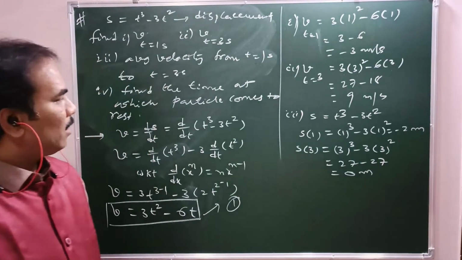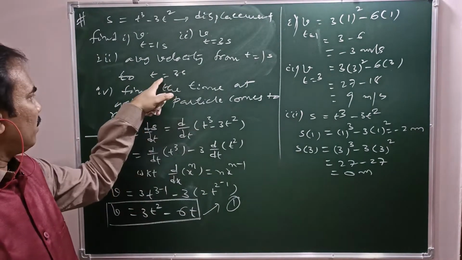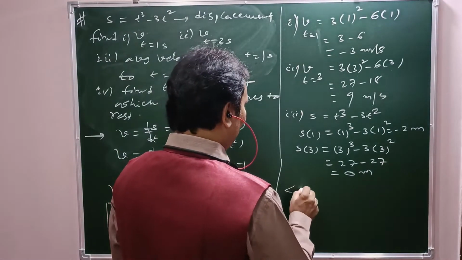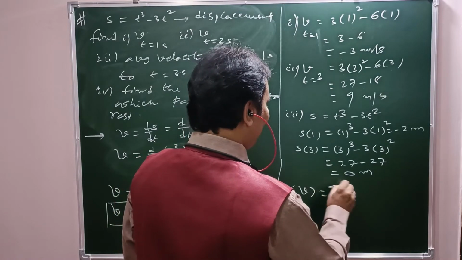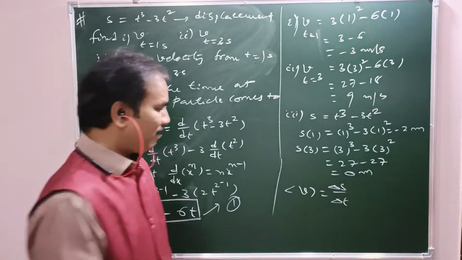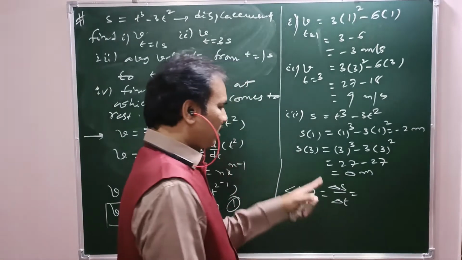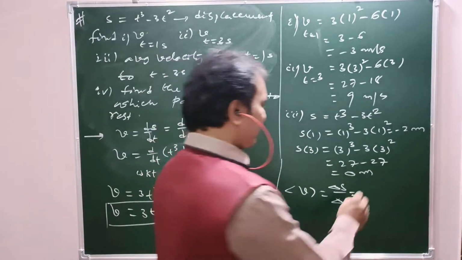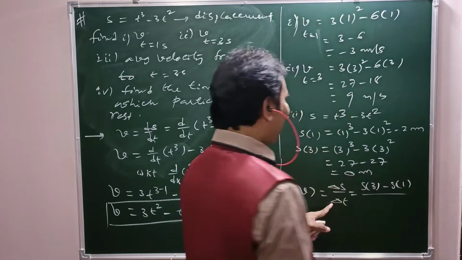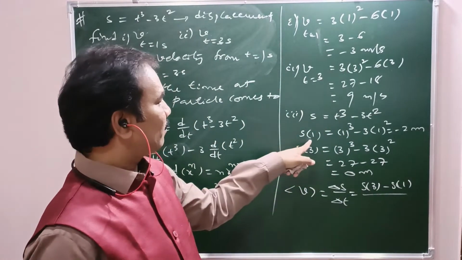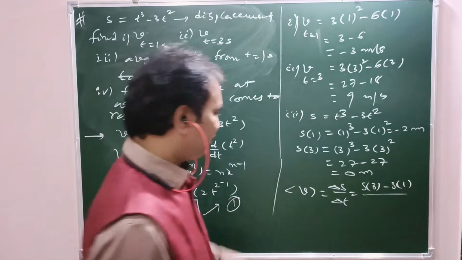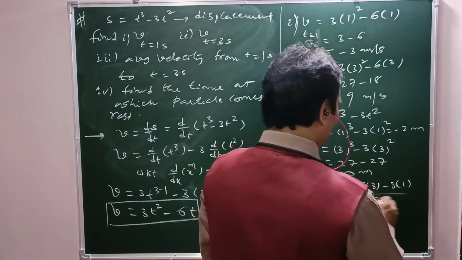Now, what is the average velocity from t equal to 1 second to t equal to 3 seconds? Average velocity equals delta s by delta t, the total displacement upon total time taken. Delta s means s of 3 minus s of 1, divided by delta t, that is 3 minus 1.